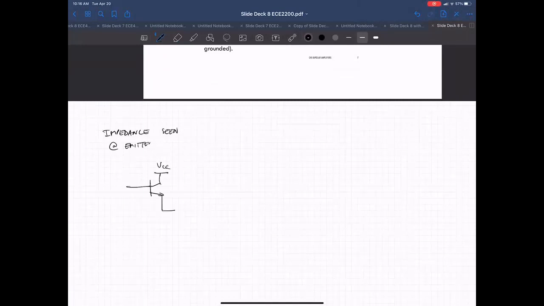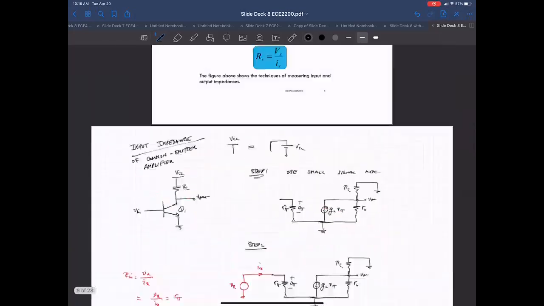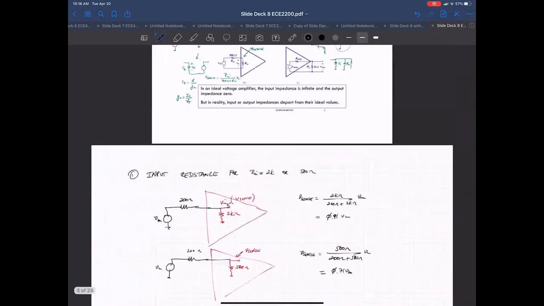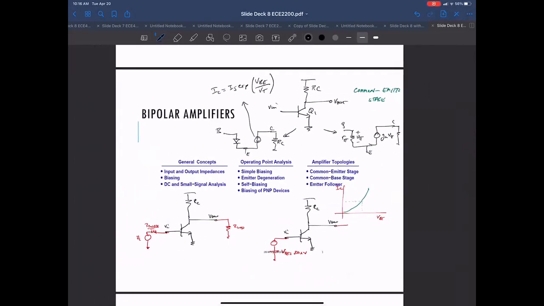So in this case, we no longer are grounding the emitter. We've been very focused on this amplifier sort of circuits or topology or whatever you want to call it, where we had the emitter grounded. But it doesn't always have to be this way, right? We have 3 inputs.